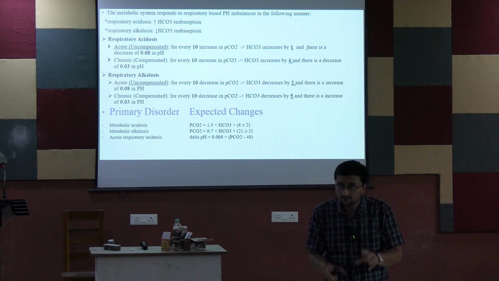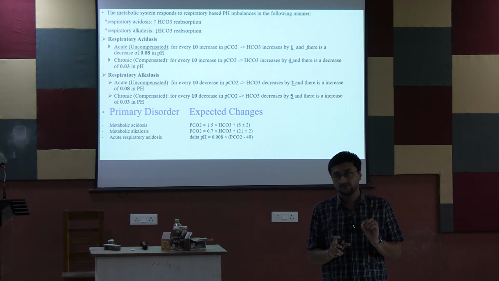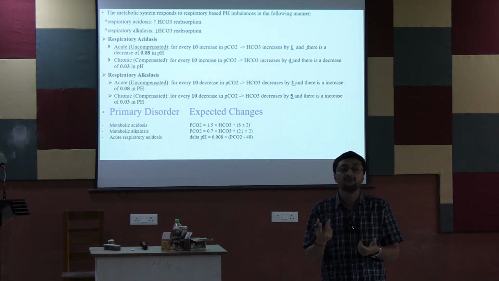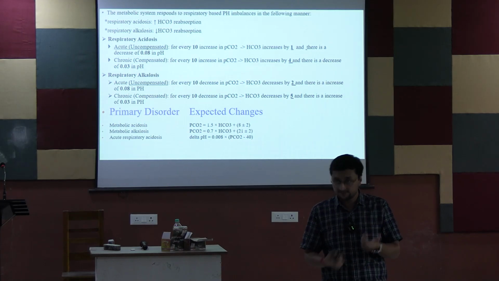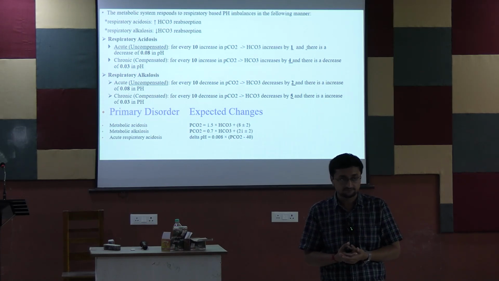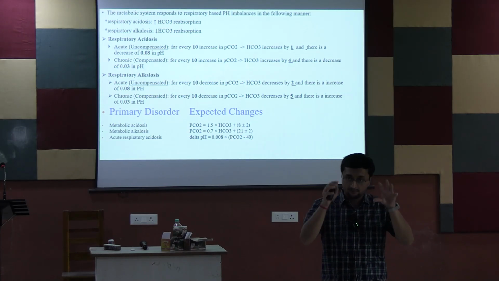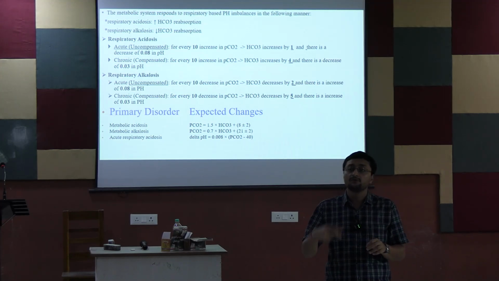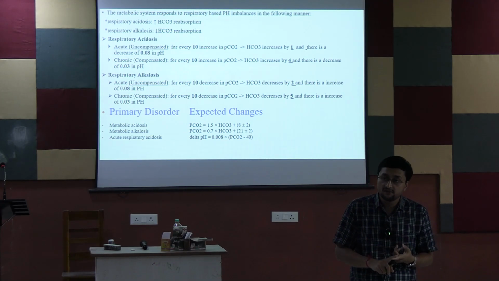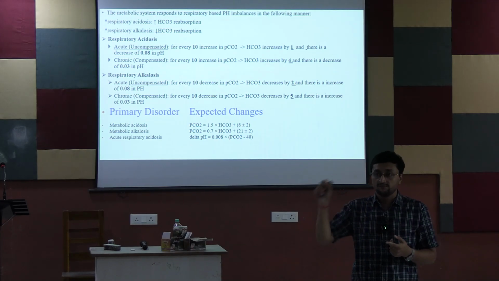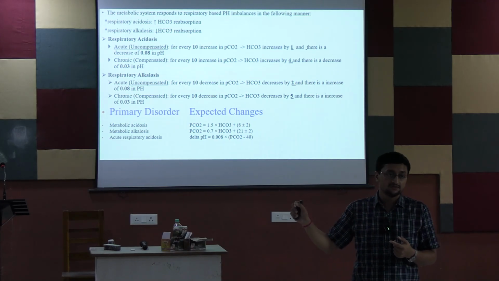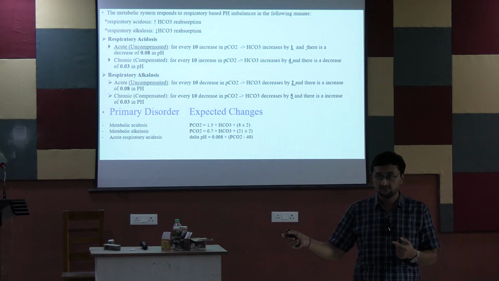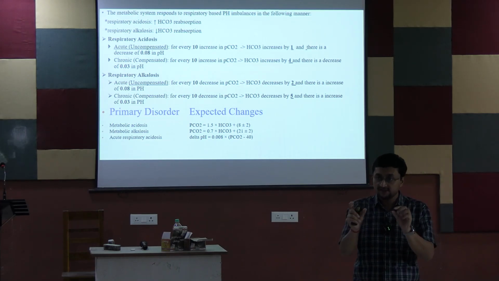Suppose the PCO2 is 55. So pH কি হবে, কি চেঞ্জ হবে? That means this is a respiratory acidosis, right? pH তার মানে কমবে, তাই তো? pH তো কমবে। So pH কত হবে? 0.08 into delta PCO2. 56 minus 40. So 0.08 into 16. That is the change of pH, right?